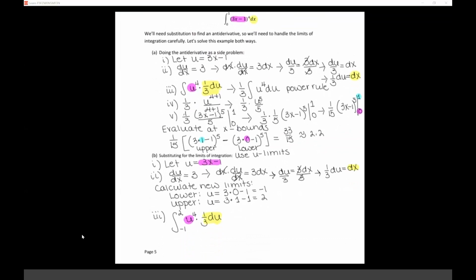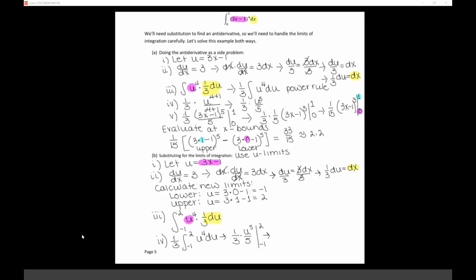Everybody see it? Now step 4 is do the integration. I'm going to pull through the 1/3, and this gives me the same thing I got before, u to the 5th over 5. The only difference now is I'm evaluating that from -1 to 2, and I'm not substituting x back.